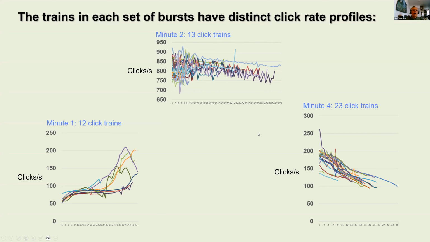So here are each of the groups of click bursts. This is the first one, and this is very interesting because these are quite slow, 50 clicks a second. There's possibly 2 patterns here, one doing that and the other going up and coming down. But these are quite slow click trains, and there were 12 of them.